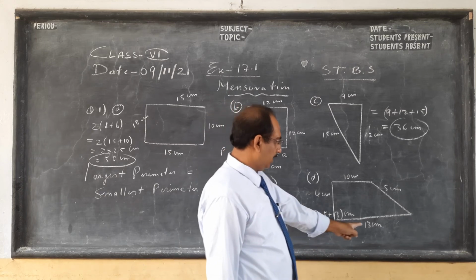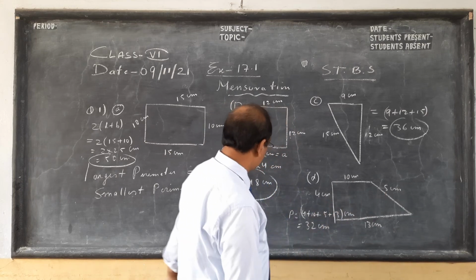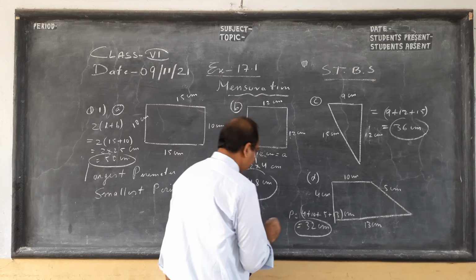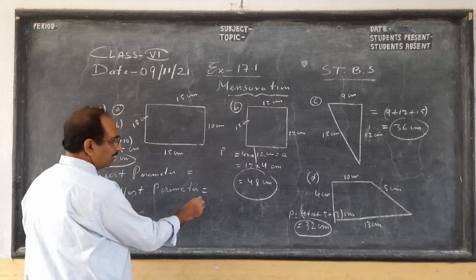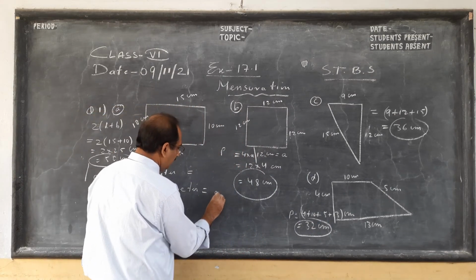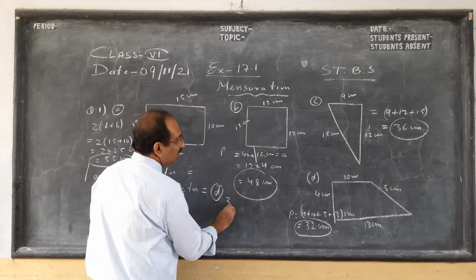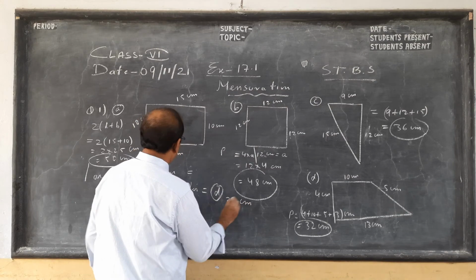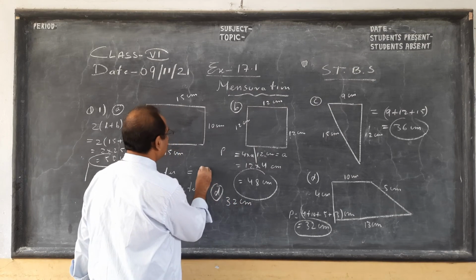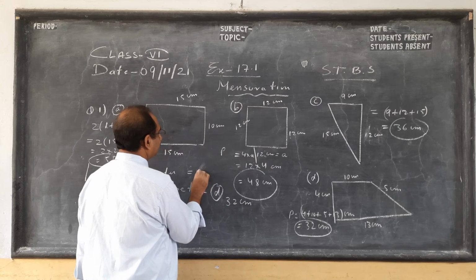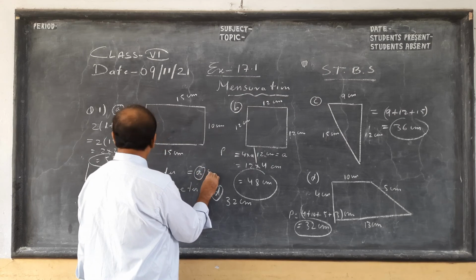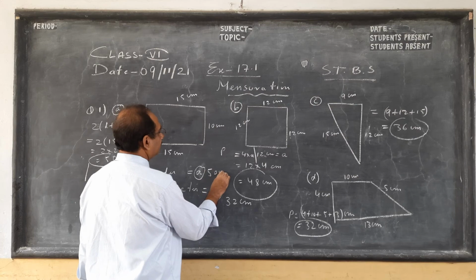Okay, you can add. So now, which is the smallest? I think it is 32, figure D. And which is the largest is your figure A, which is 50 centimeter.